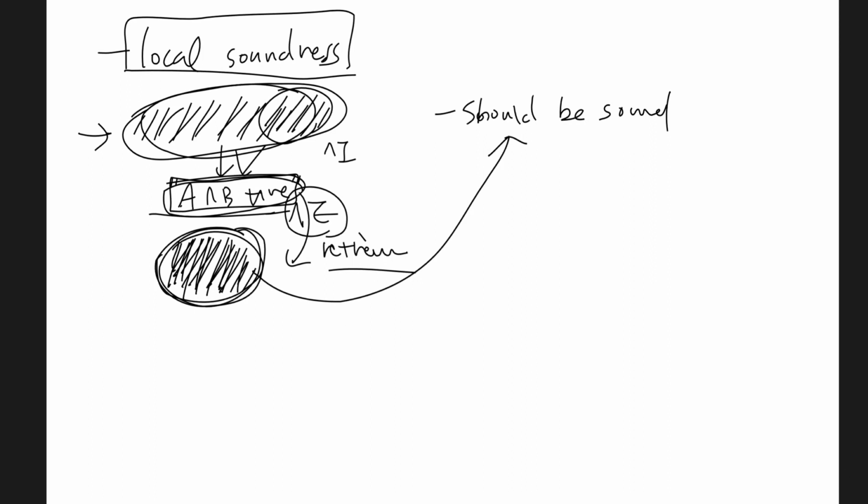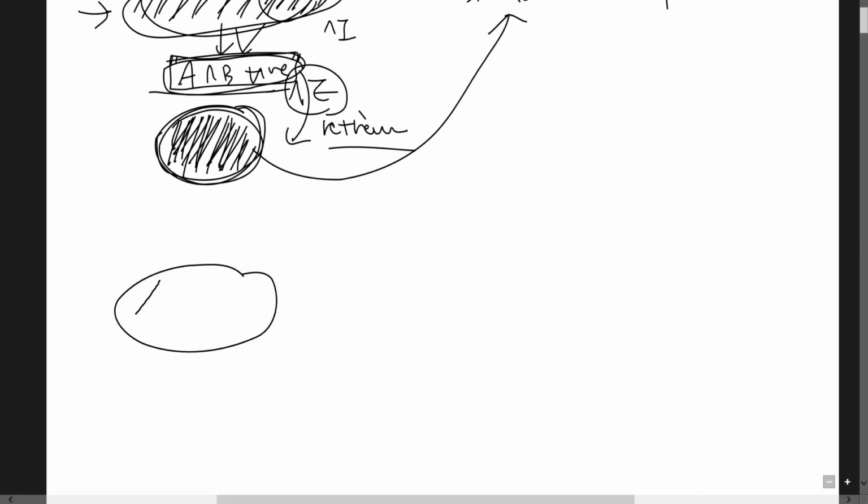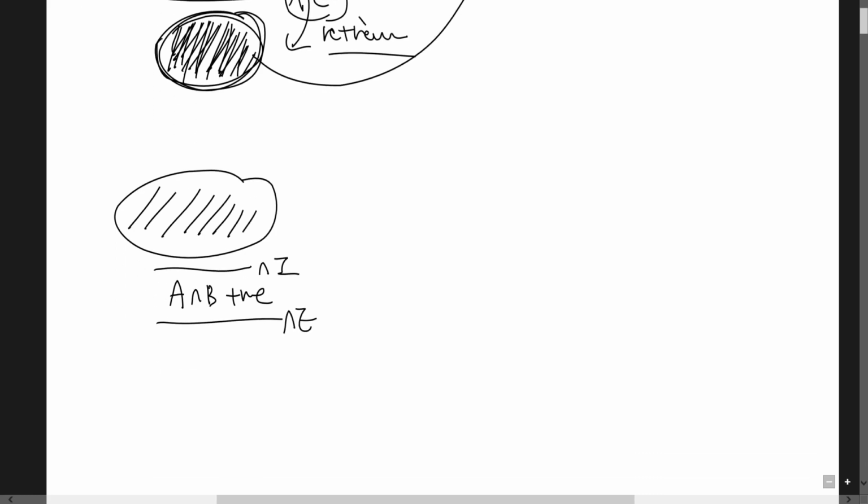A better way to understand the notion of local soundness is to see what would happen if this property fails. Let's say we start with this amount of knowledge, and then we apply the introduction rule, let's say conjunction introduction, and obtain a single truth judgment. Now we apply the elimination rule and retrieve new knowledge.